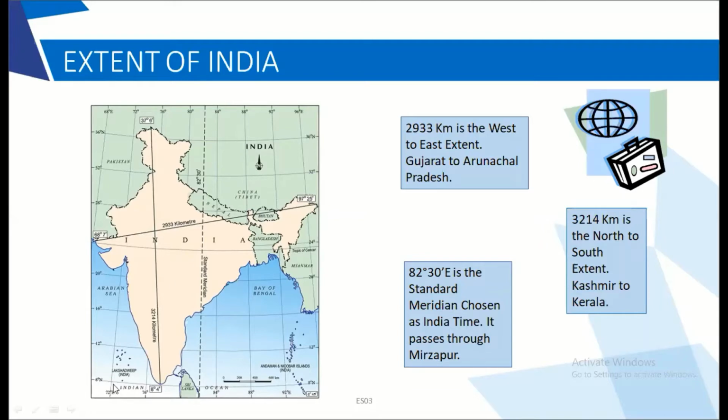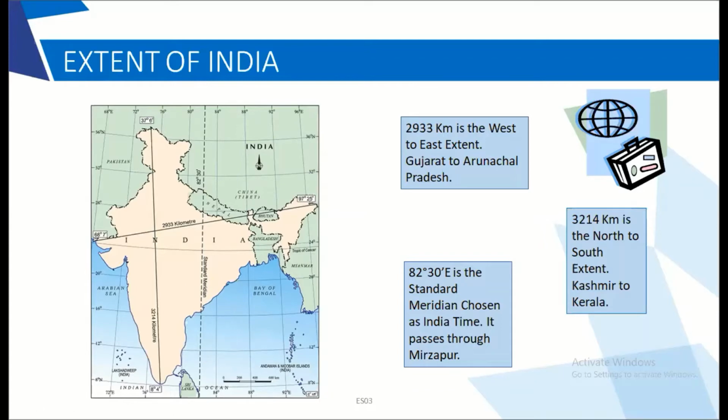In terms of the world, India lies in the eastern hemisphere and in the northern hemisphere. Here we can see a dotted line. What does this suggest? This is the Indian Standard Meridian. Every country selects a longitude for deciding its time zone. India, when we measure from east to west, has 30 longitudes passing.